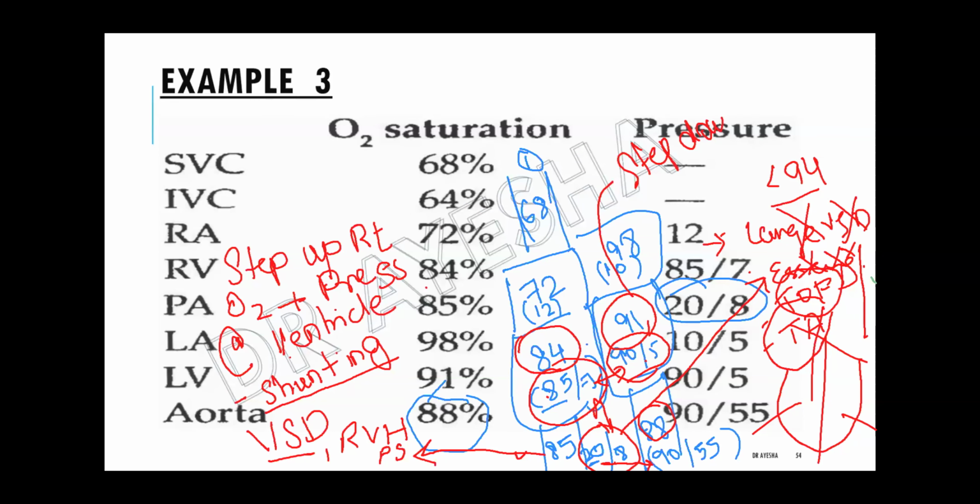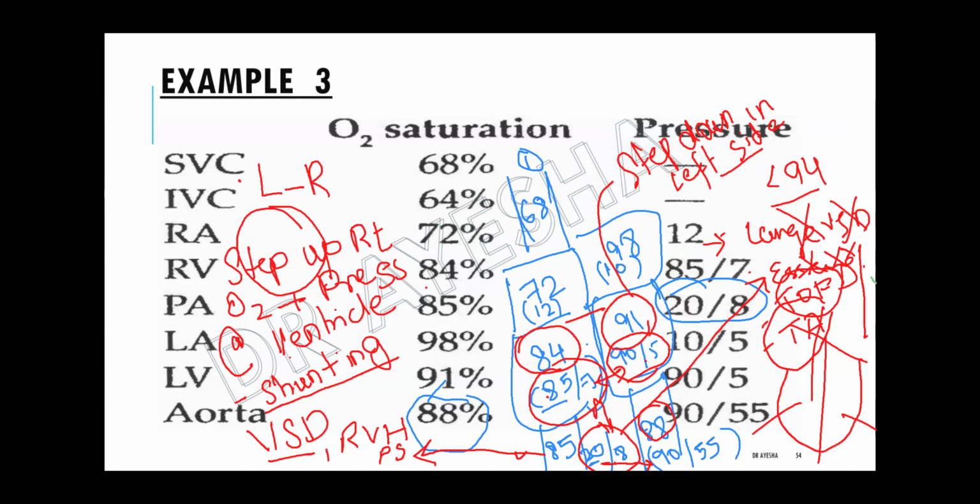in the saturation on the left side? Why? You have to answer this. There is a step up. A step up means that blood is coming from left to right.